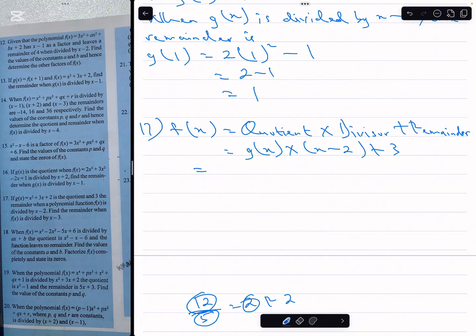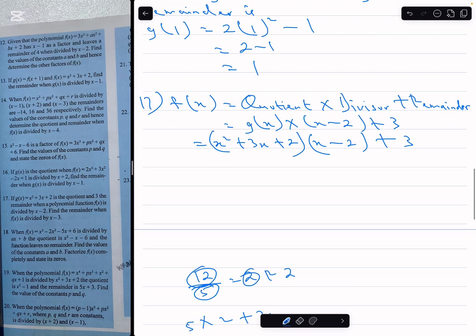Now, what is that g of x? G of x is x squared plus 3x plus 2, and the divisor is x minus 2, and then I'm going to add 3 to the product of that. So let's go.